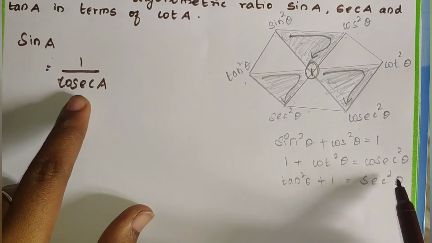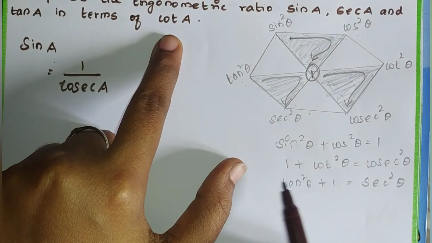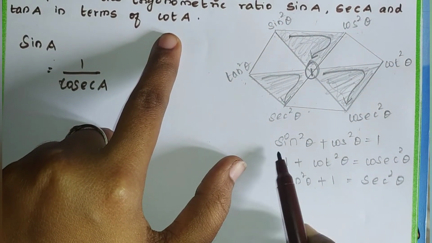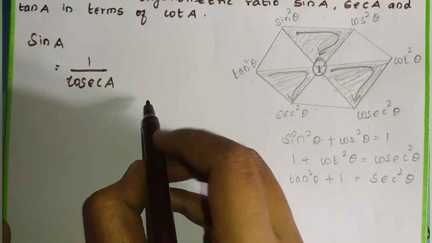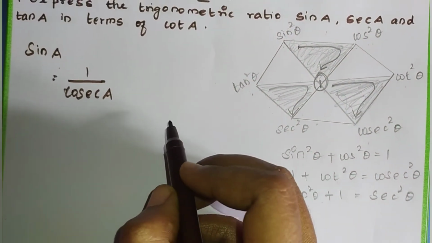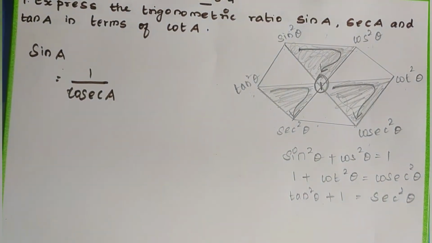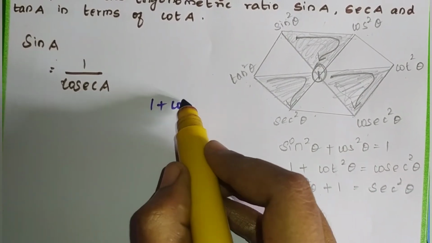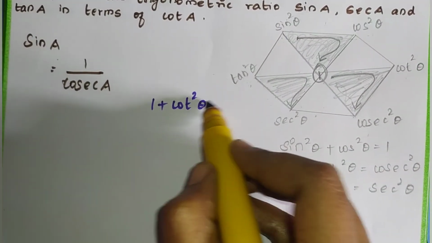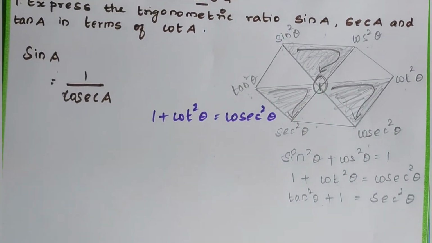So here we have cosecant square theta. In terms of cot we have to change. So I am going to take this formula. Clear? 1 plus cot square theta is equal to cosecant square theta.